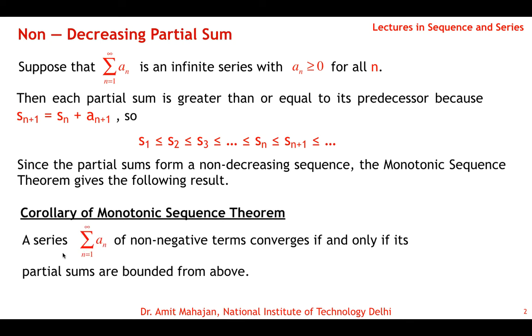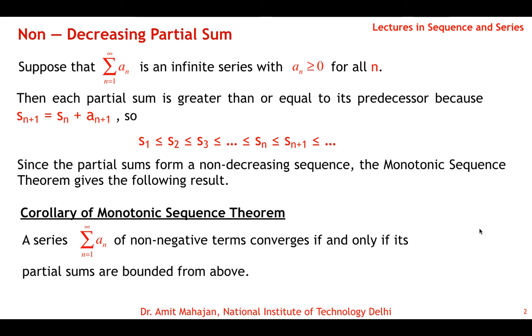This immediately gives us the result that a series of non-negative terms converges if and only if its partial sums are bounded from above, because the non-decreasing condition is already satisfied. So if the partial sums are bounded from above, then the series will converge, for non-negative terms.